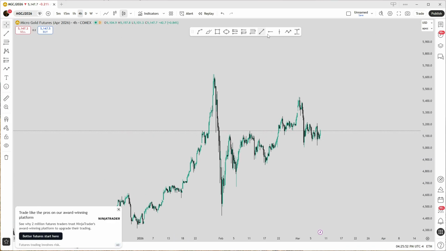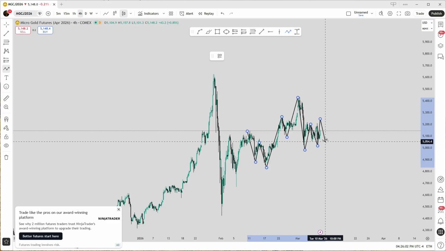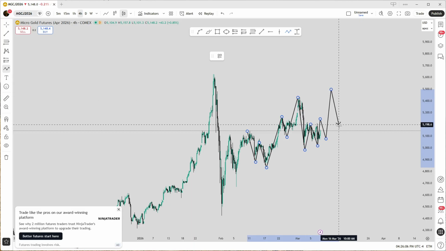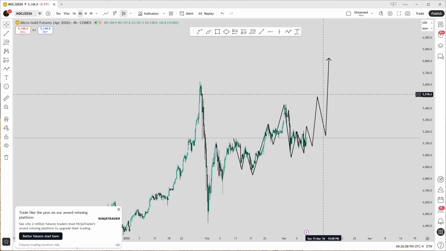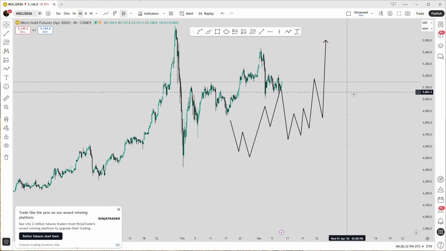So that's simply how the market moves: a high, a low, a lower high, a lower low, a higher low, a higher high, and then we need some characteristics to go higher. Simple as that.